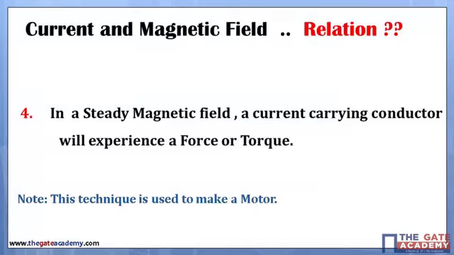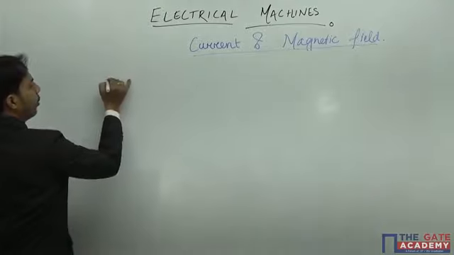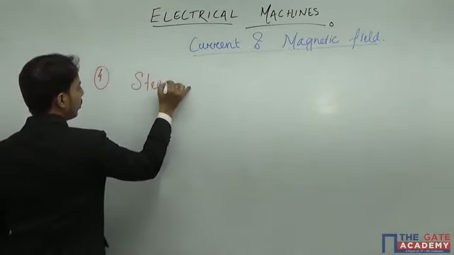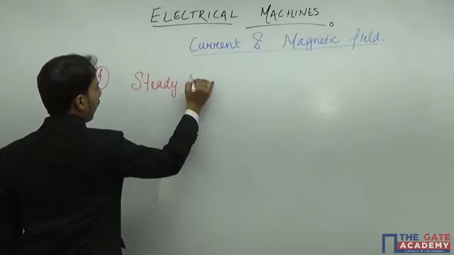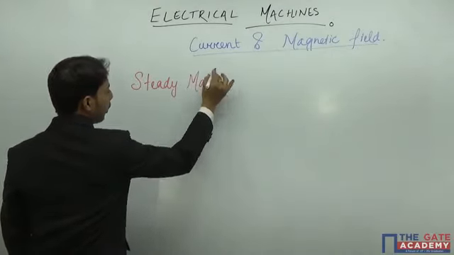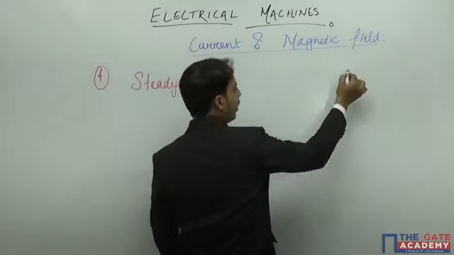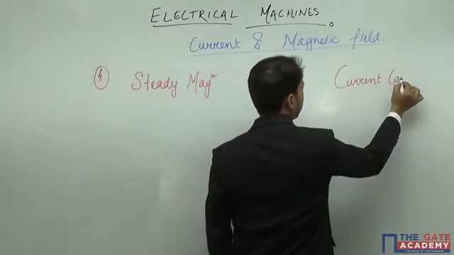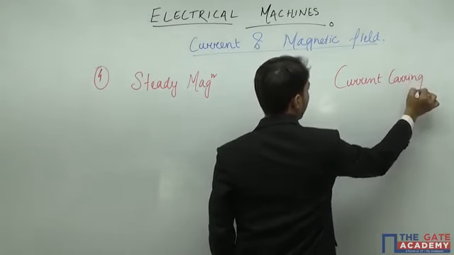That gives rise to a fourth relationship, which says, in a steady magnetic field, I have a steady magnetic field and I have a current carrying conductor.